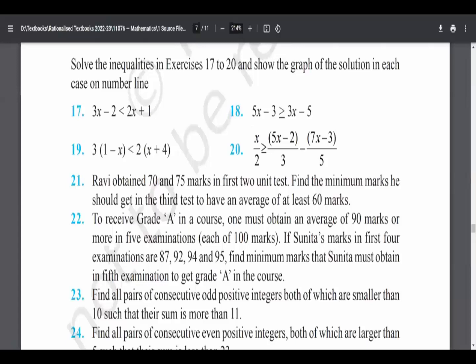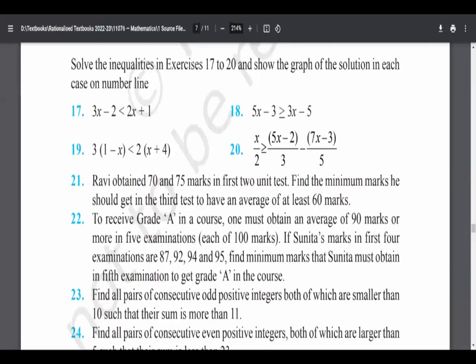You can simplify the numerator before cross multiplying. This is 15. You can open the bracket and simplify. This is 5 times 5, 25x, and this is minus 21x, so 25 minus 21 gives me 4x. Similarly, 5 times minus 2 gives me minus 10, and this minus 3 times minus 3 is plus 9, which gives me minus 1.